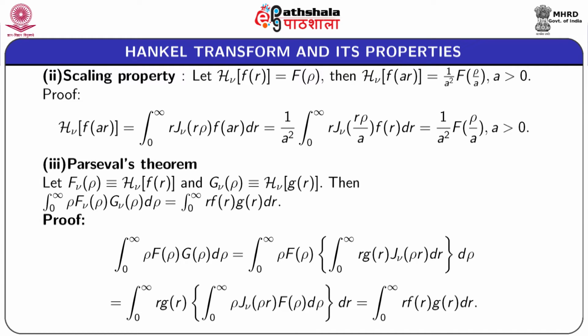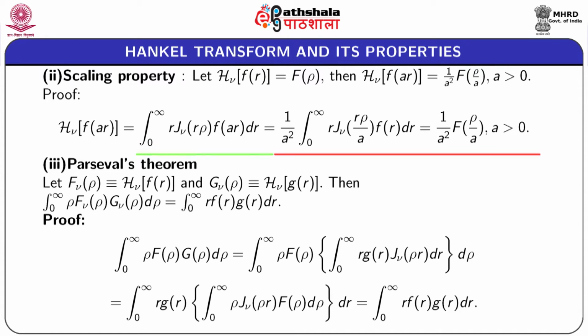Next is the scaling property. Let H_nu[f(r)] be F(rho), then H_nu of f(a r) is equal to 1 by a square F(rho by a), where a is some positive constant. For proof, we write H_nu of f(a r), this is equal to integral from 0 to infinity r J_nu(rho r) f(a r) dr, as per the definition of the Hankel transform of order nu.